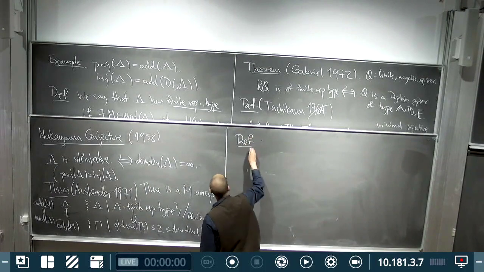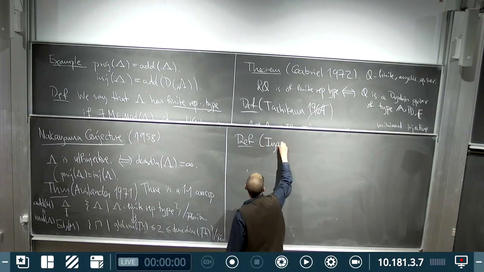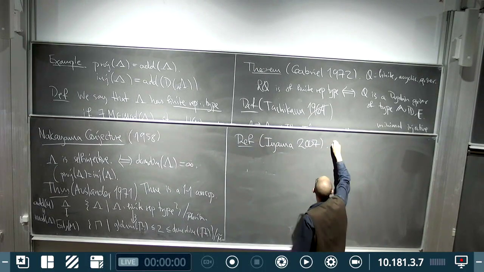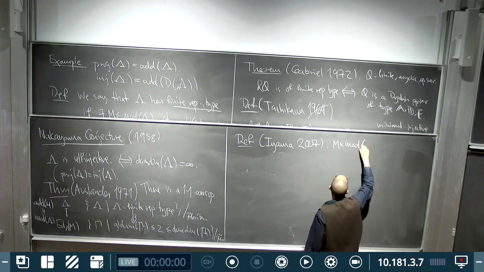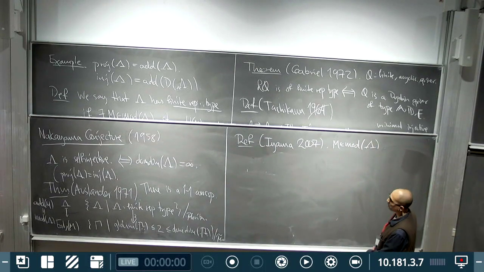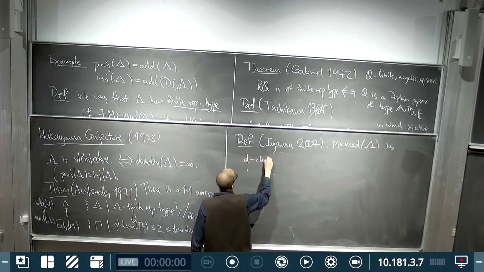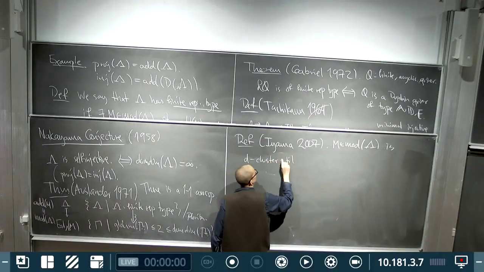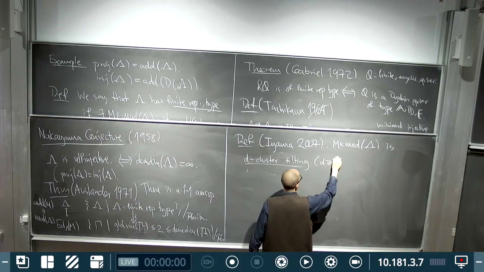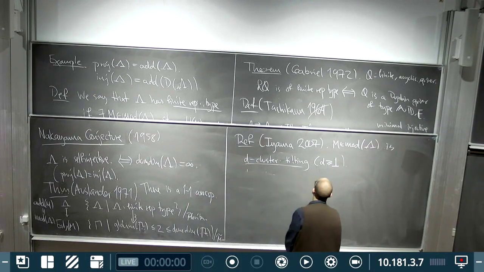Before stating the result, let me give a definition, which is due to Osamu Iyama. A finite dimensional lambda module is d-cluster tilting for some d bigger than or equal to 1, which goes to the d equals 1 case that I mentioned at the beginning of the talk.